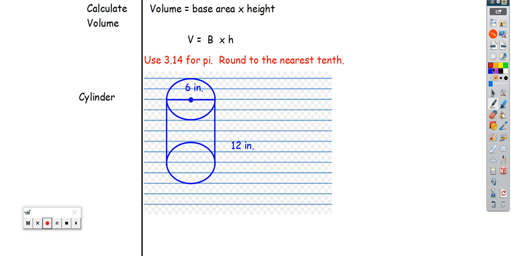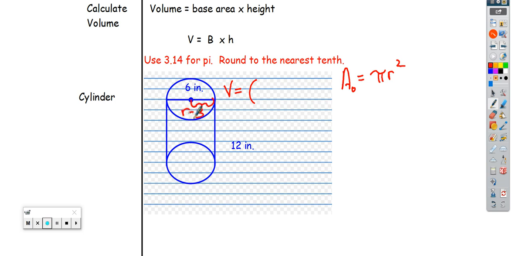All right. Well, I need to find the area of the base. Well, my base is a circle. Remember, to find the area of a circle, it's just pi times radius squared, or you can say radius squared times pi. So I'm going to find the area of my base. I've got here that 6 inches is my diameter, so I need to cut that in half.